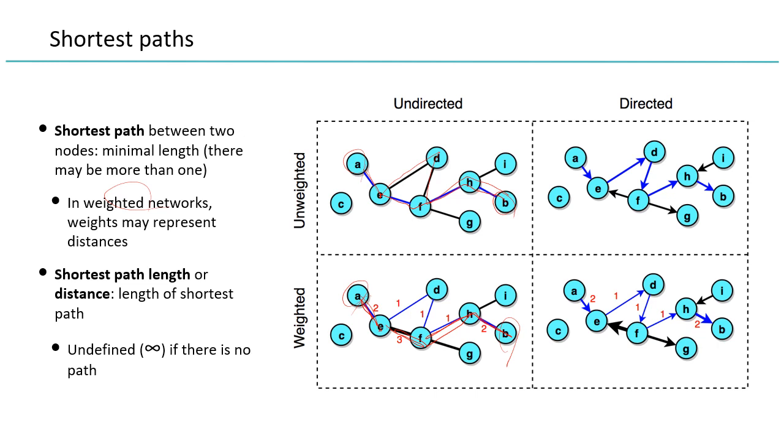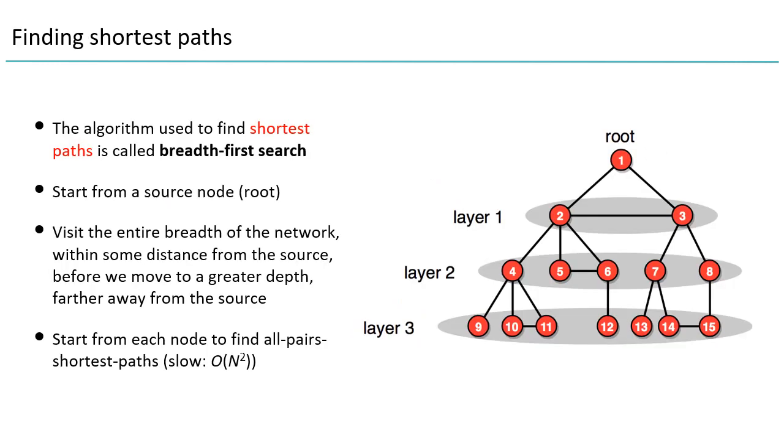So in the directed network, the shortest path is different from the undirected network. Okay, the weighted directed network is similar. And if two nodes are unconnected, their path length is infinite, a constant infinite.